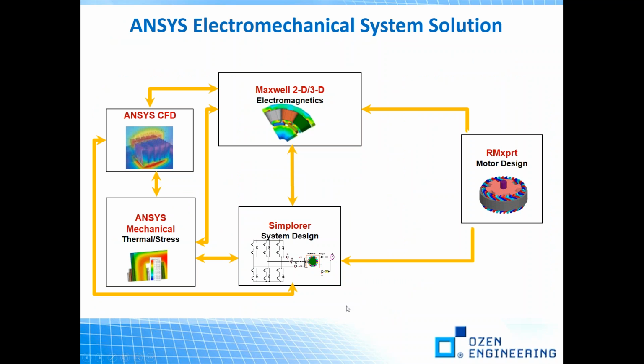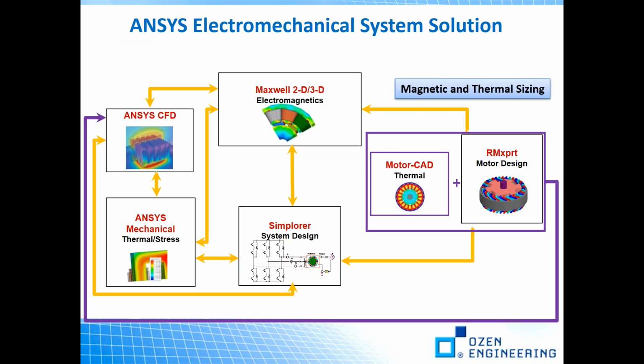This again is a flowchart that shows how the ANSYS electromechanical design flow works. You start from RMxprt and Motor-CAD for the initial design, and then you take it to Maxwell 2D, 3D for finite element analysis.